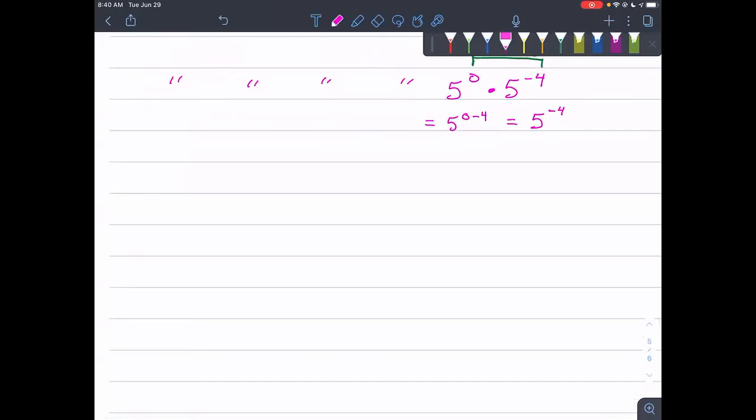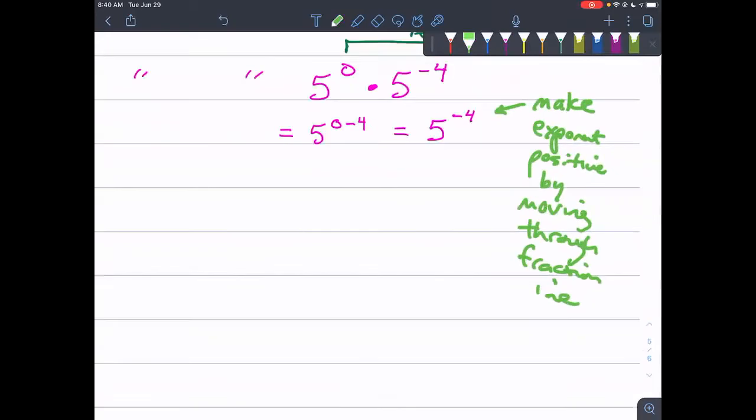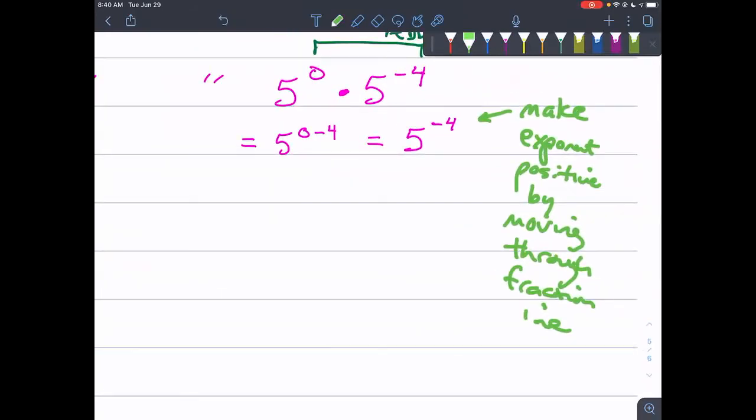Not going to put any negative exponents into the final answer. You got to make that exponent positive by moving through the fraction line. Same thing we wrote down on the previous one. Make exponent positive by moving through the fraction line.